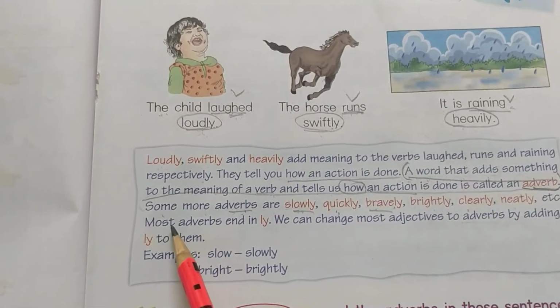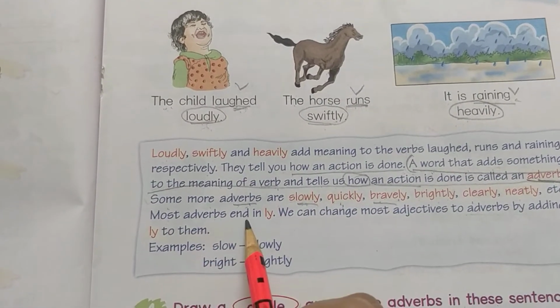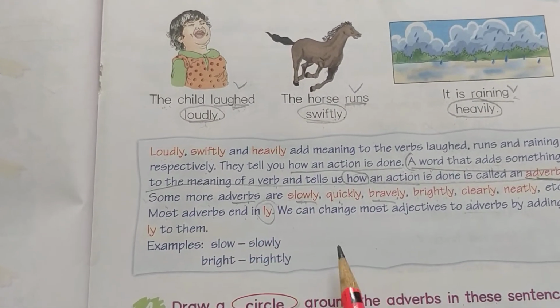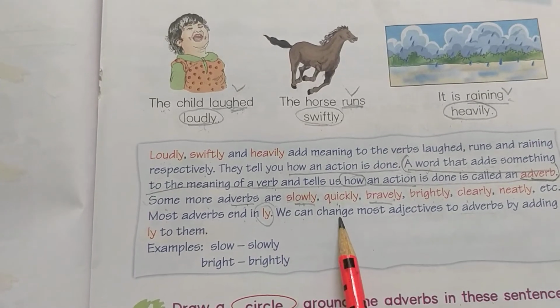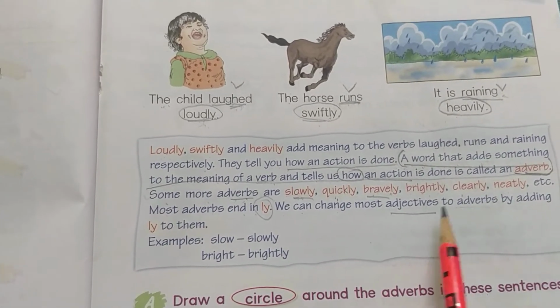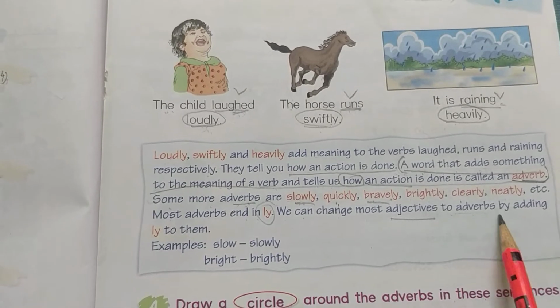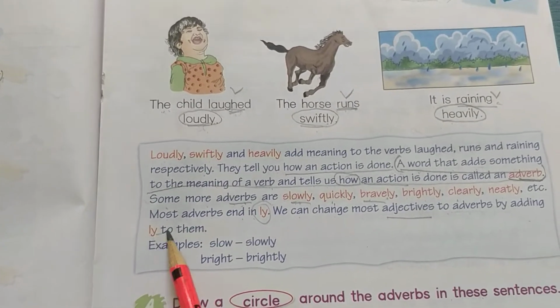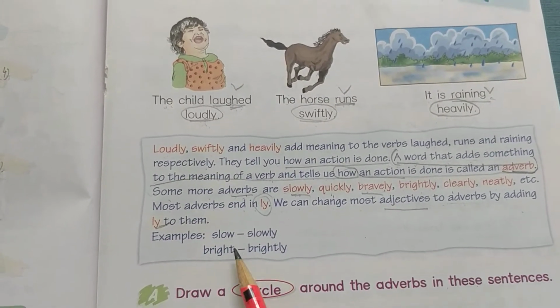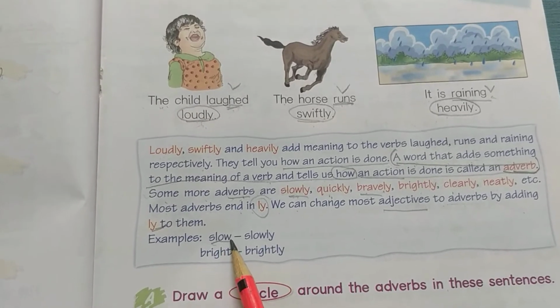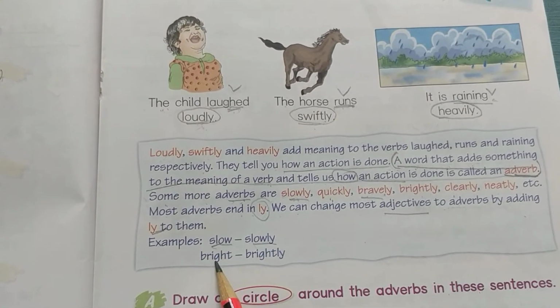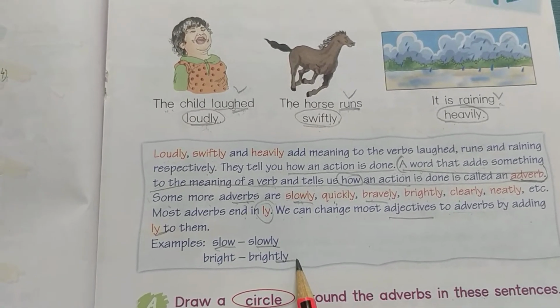Now remember, most adverbs end in ly. We can change most adjectives to adverbs by adding ly to them. For example, slow, slowly; bright, brightly.